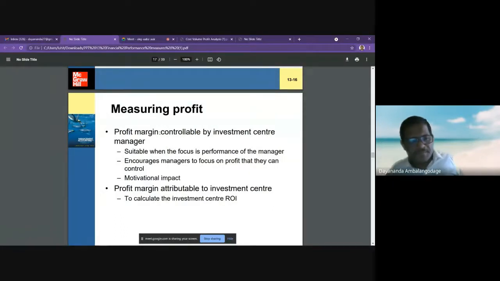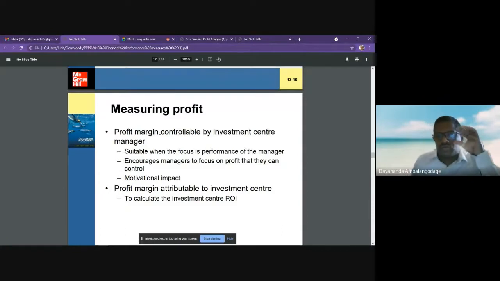For example, suppose in your branch you have salary. Of course, employees are controllable to you, so salary cost seems controllable. But on the other hand, if salaries are determined by the head office, then salary expenses are not controllable to you, because they are not a result of your decision.